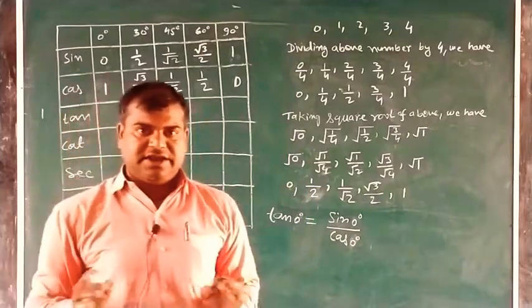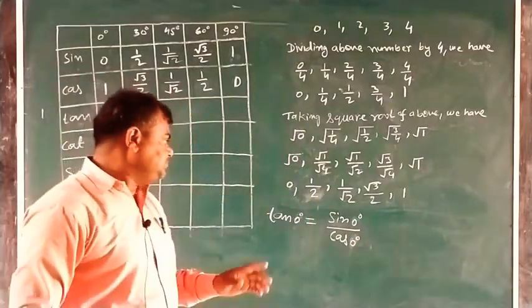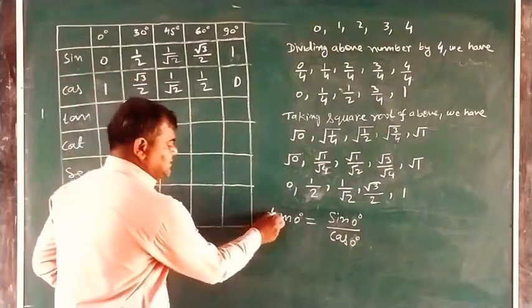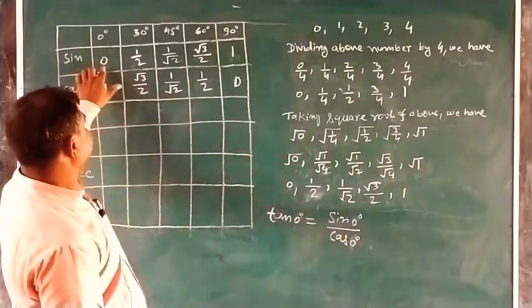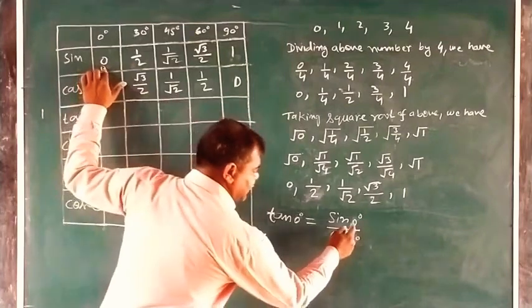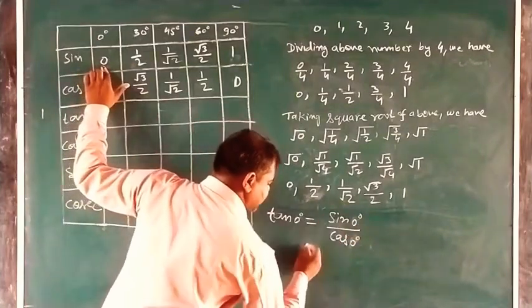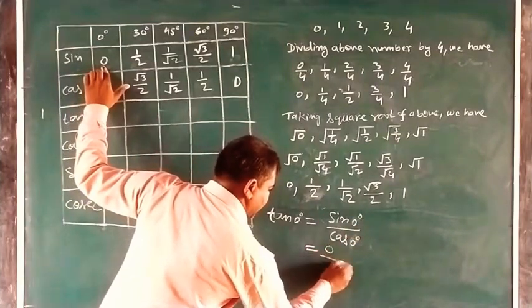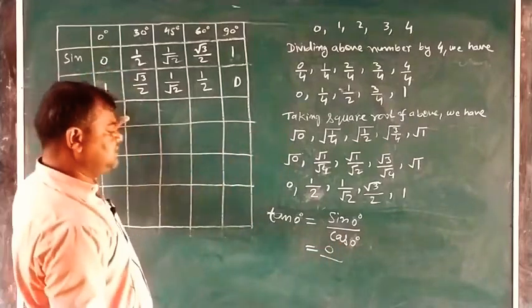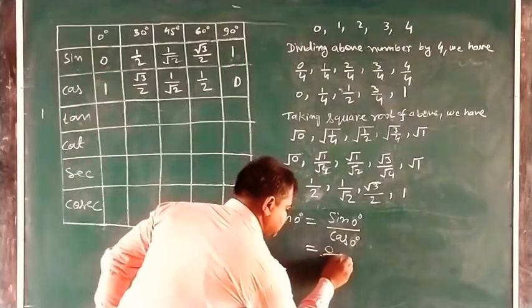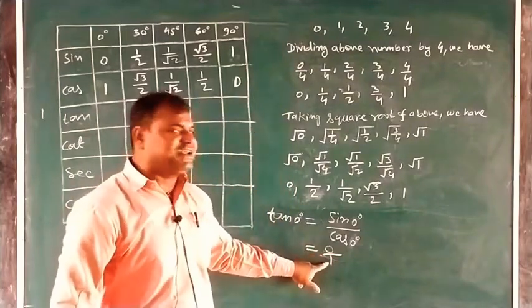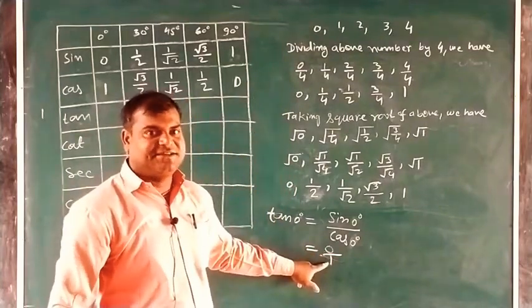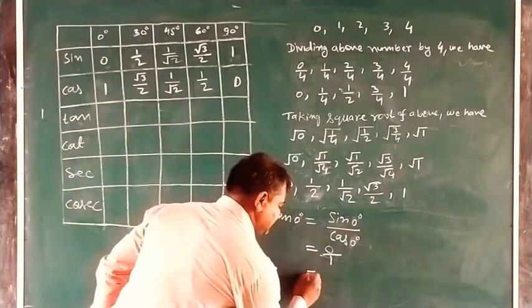Clear? Any doubt? See here, the value of sin 0 degree from here is 0. Then at the place of sin 0 degree we will write 0, and the value of cos 0 degree is 1, and here numerator is 0 and denominator is anything, then its value is 0.